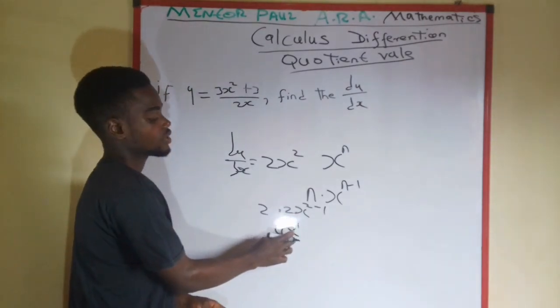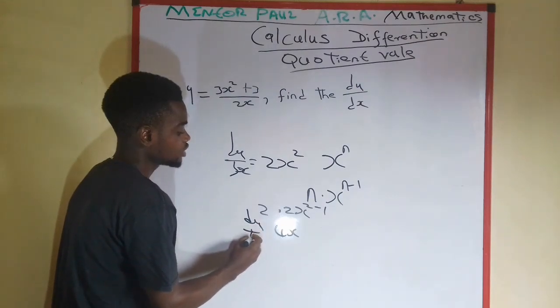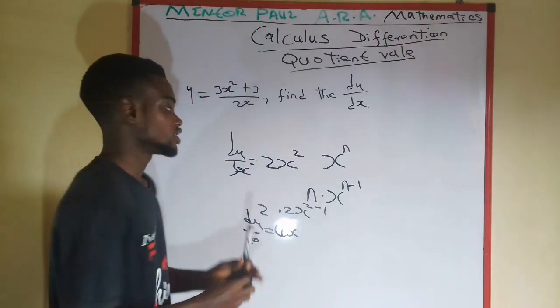Now x to the power 1 is just x, so no need of that. So dy over dx is equal to this expression. That is what we mean by differentiation.